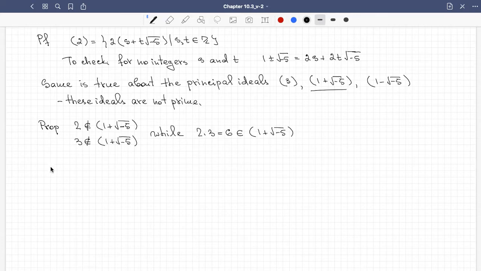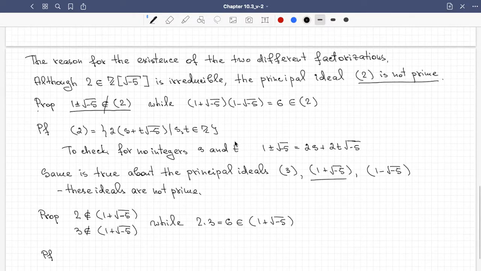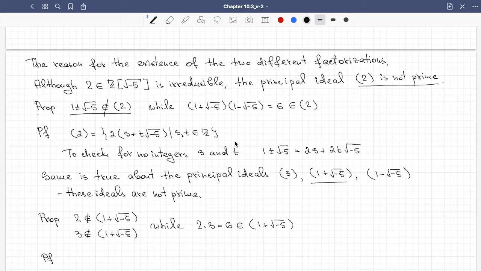For the proof, first of all, let me start with this statement. It was obvious that 6 belongs to this ideal because it is a multiple of 2.